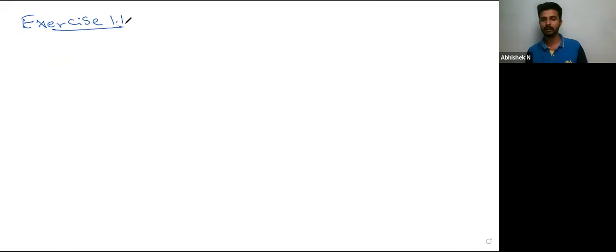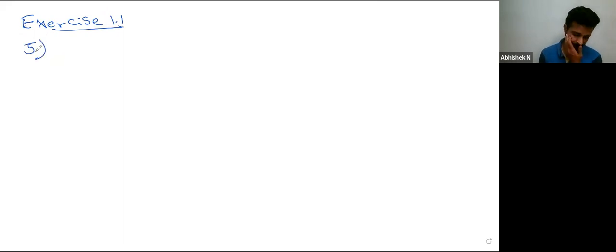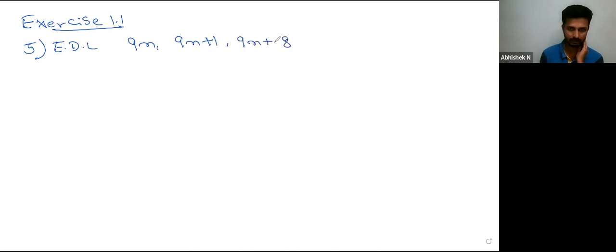Use Euclid's division lemma to show that the cube of any positive integer is of the form 9m, 9m plus 1, or 9m plus 8. Okay, this is what we need to prove.